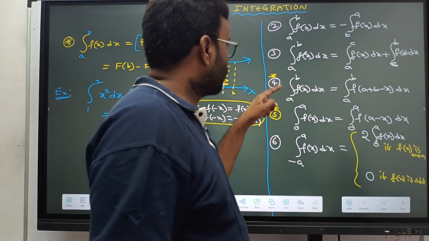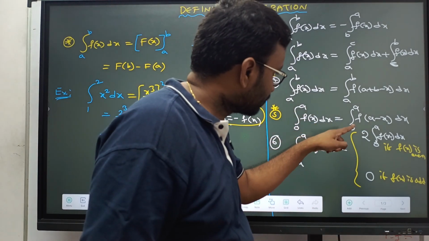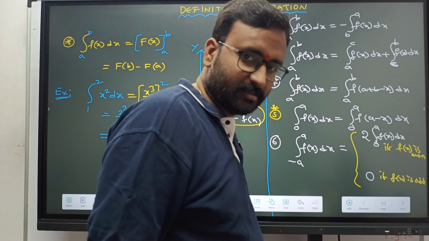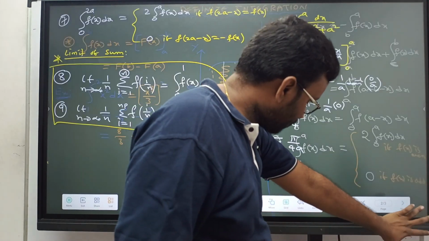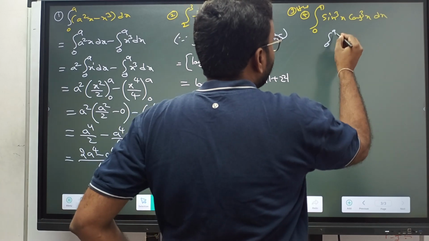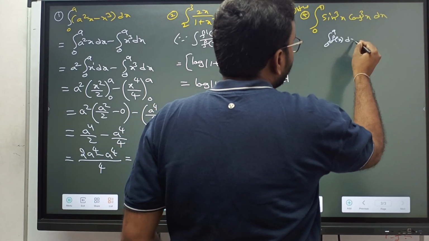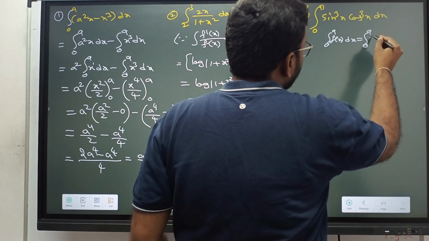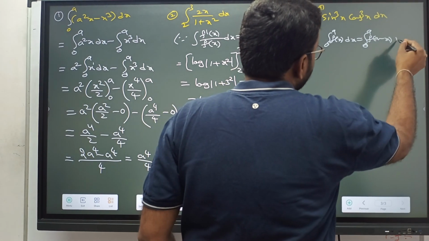See here. Integral 0 to a f of x dx is equal to integral 0 to a f of a minus x dx. Right, I am using that property.